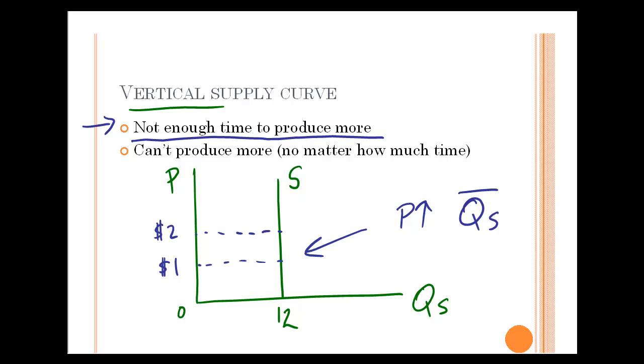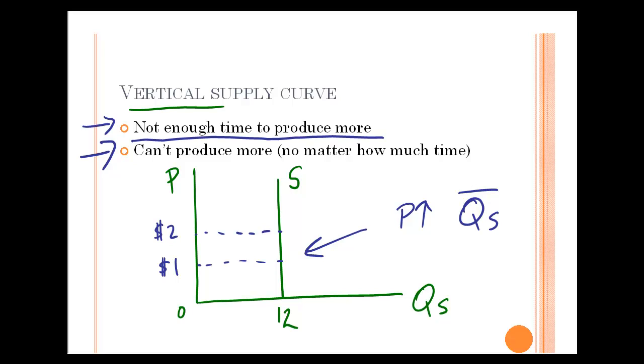Now there's another reason that you can have a vertical supply curve, and that is because you can't produce more of the good no matter how much more time you have. Think of a good like Van Gogh paintings. Well, Van Gogh is dead. But it could very well be that the price of Van Gogh paintings goes up, and as a result of Van Gogh being dead, we can't bring about any more genuine, real Van Gogh paintings.